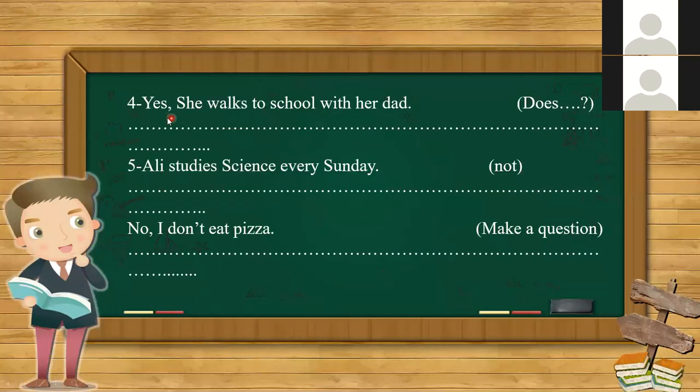Okay, here we have: Yes, she walks to school with her dad. We want to ask here. We want to use does. Write your answers. What should we do? We have to cross what?